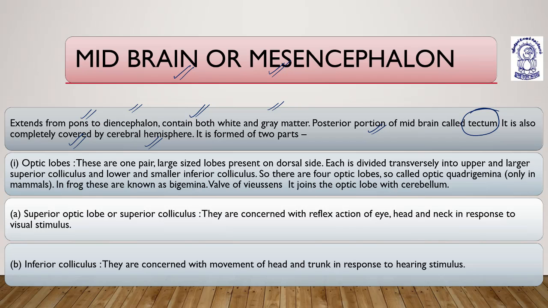The posterior portion of the midbrain is called the tectum. It is also completely covered by the cerebral hemispheres. It is formed by two parts.